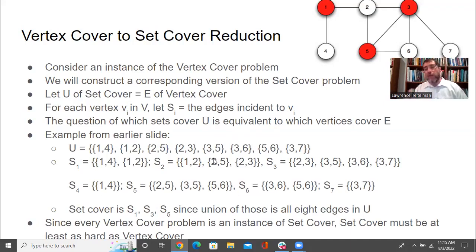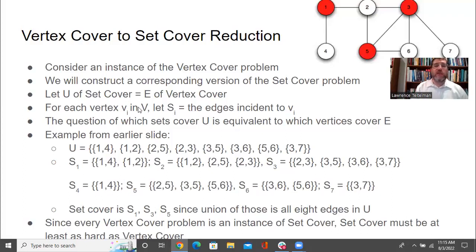But since we know from earlier slides today that vertex cover is related to 3 SAT, which is NP complete, therefore vertex cover is also NP complete. We know we can't do vertex cover. So if I could turn vertex cover into a set cover, then I could also solve set cover. So apparently I can't solve set cover either.